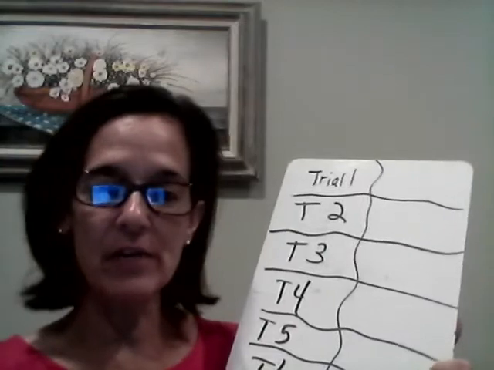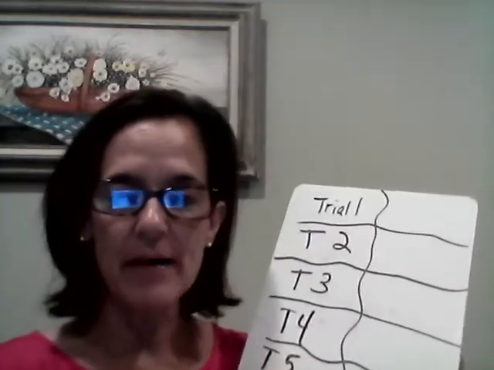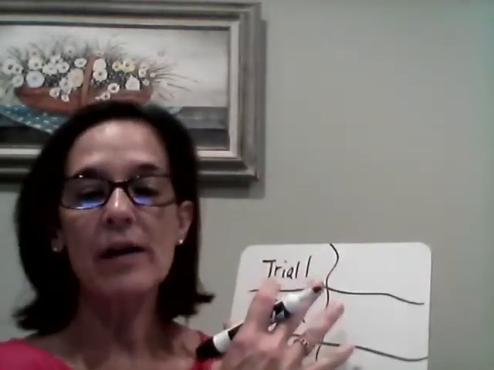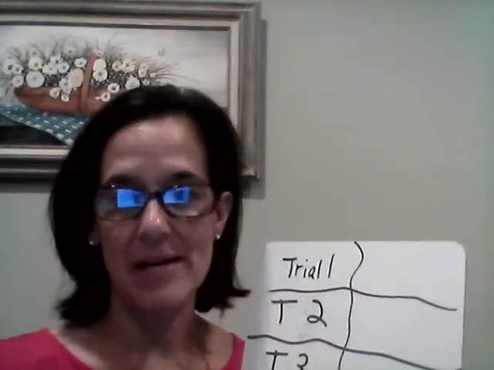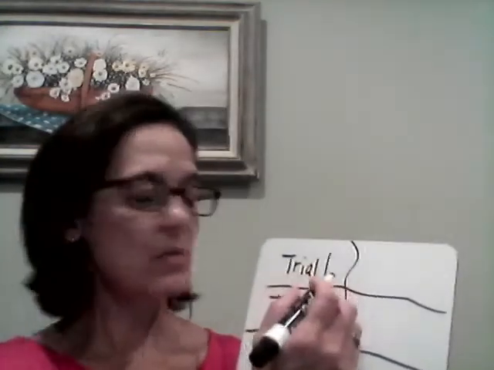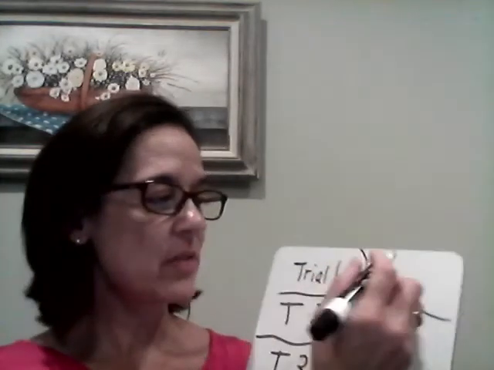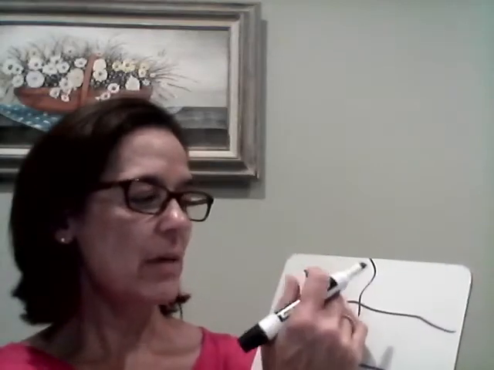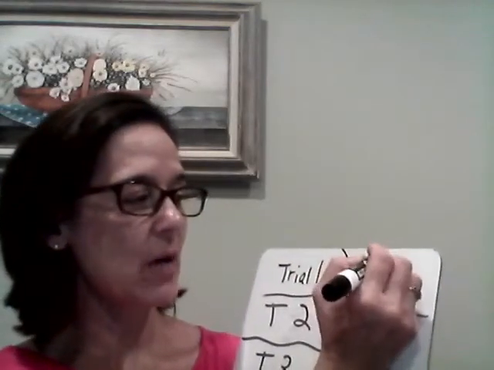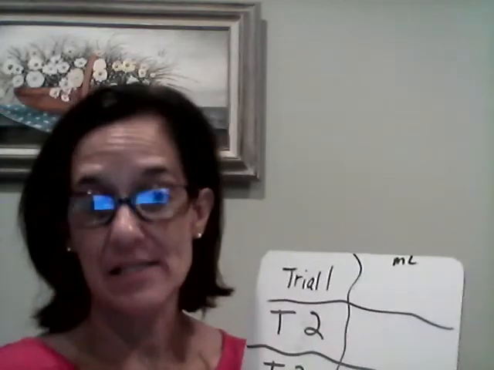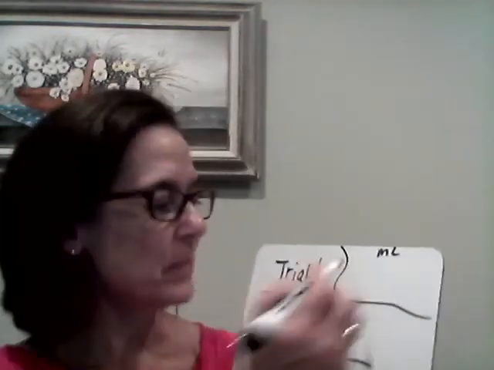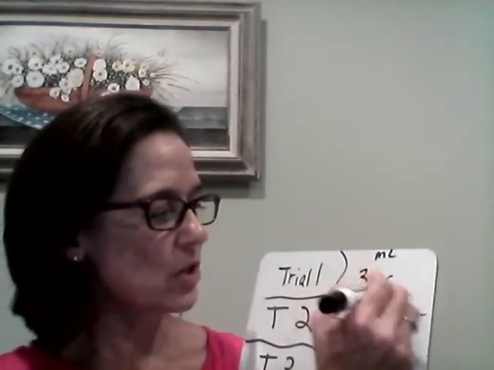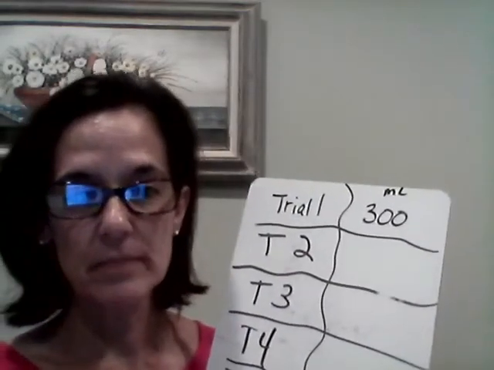I think maybe on the video, we talked a little bit about this earlier. So in trial number 1, Brooke happened to be pouring the water while Braden was timing. And so it was 10 seconds. On this side we have our trials, and on this side, we had our milliliters that were being wasted. I think the first one was 300 milliliters.